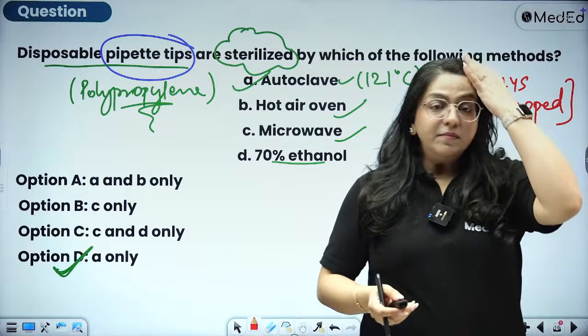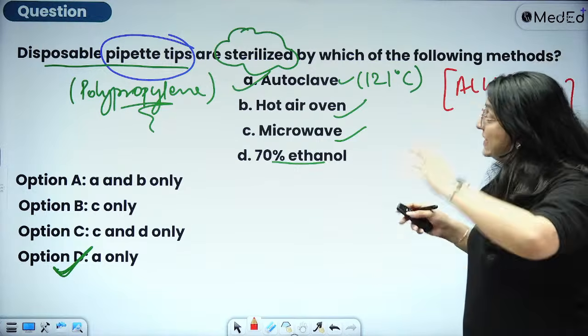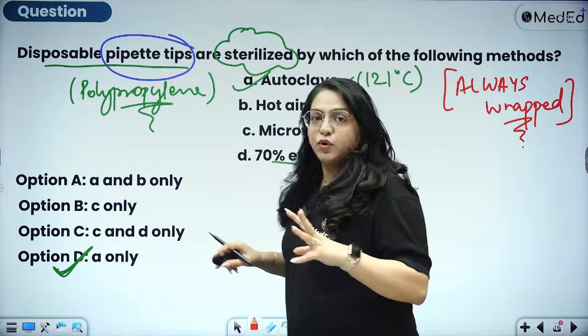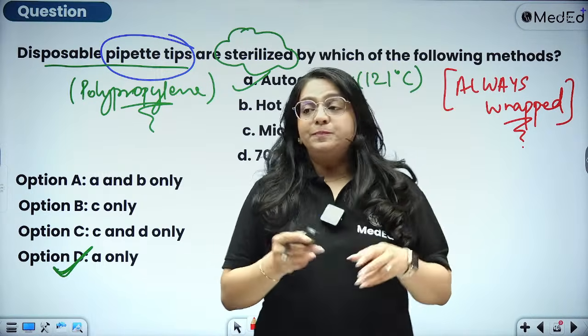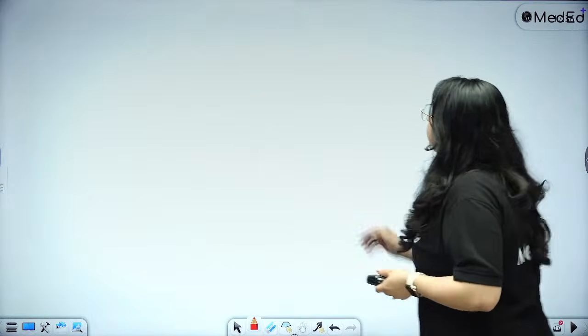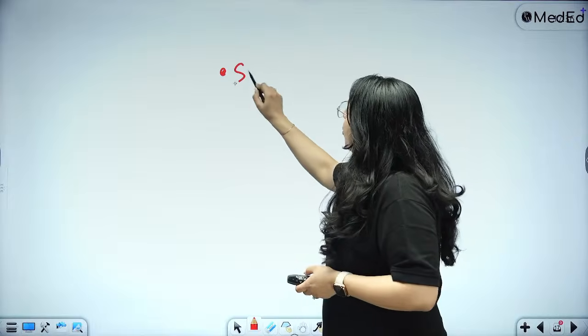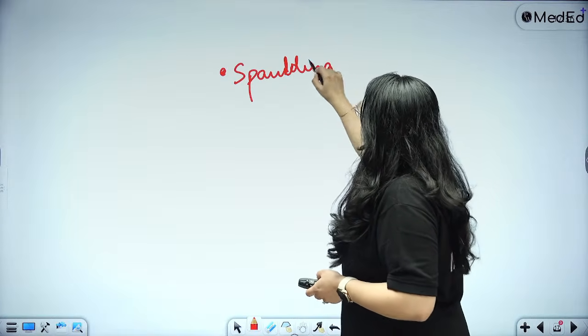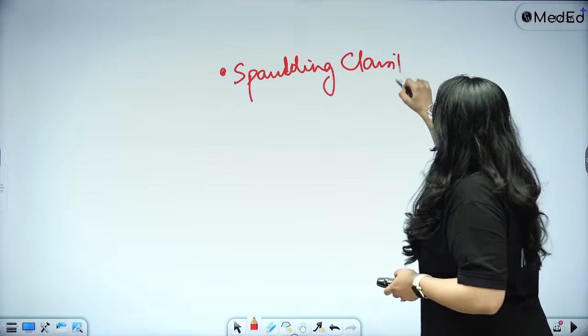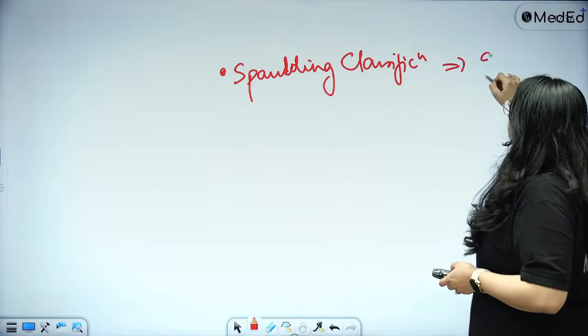That is why I believe in including it over here. So this is the pattern I am anticipating is going to get asked with sterilization disinfection this time. So please read Spalding's classification very, very clearly. Please read it, and not just read it, apply it according to the items.